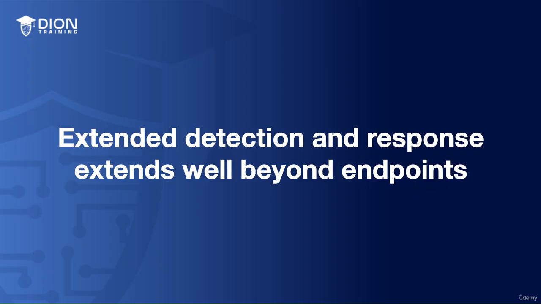Extended detection and response, on the other hand, is a more comprehensive solution that extends well beyond just your endpoints. Extended detection and response collects and automatically correlates data across multiple security layers, including endpoints, network, cloud, and email, to detect and respond to any identified threats.